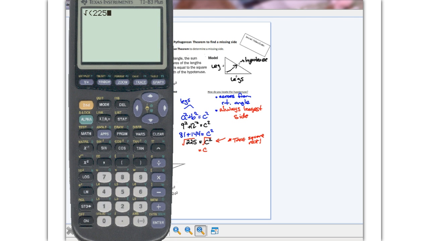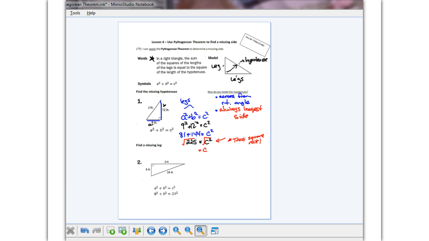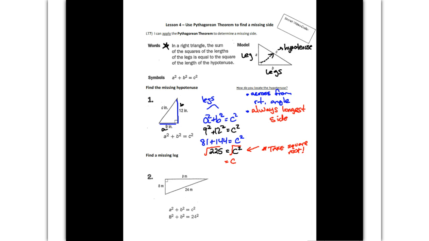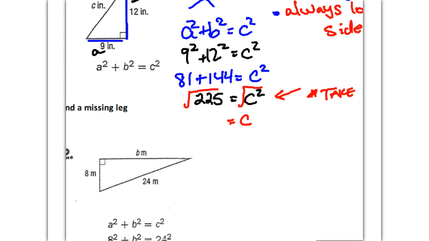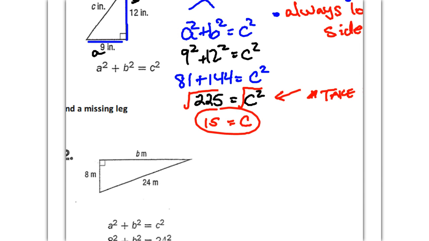You can hit 225, close the parenthesis, and hit enter, and you get 15. Now it's not always going to be a whole number, but this time it was a perfect square, so it worked out. So the square root of 225 was 15, and that is the length of our hypotenuse.